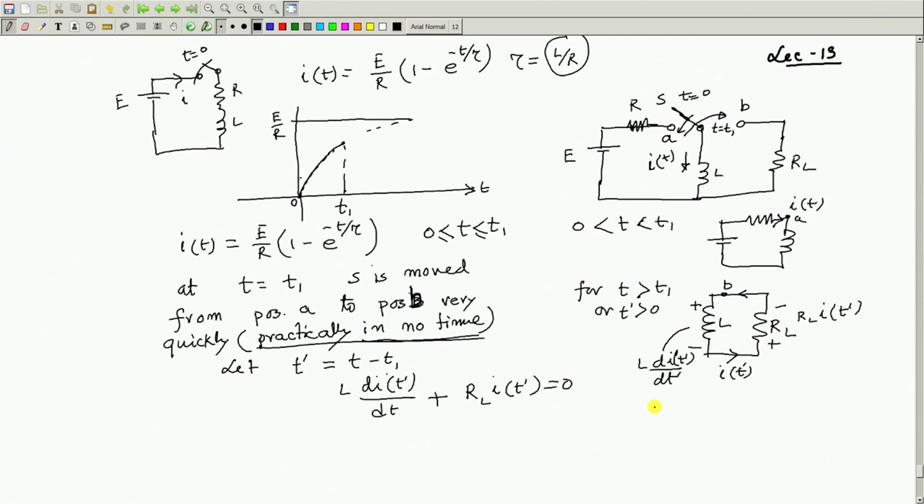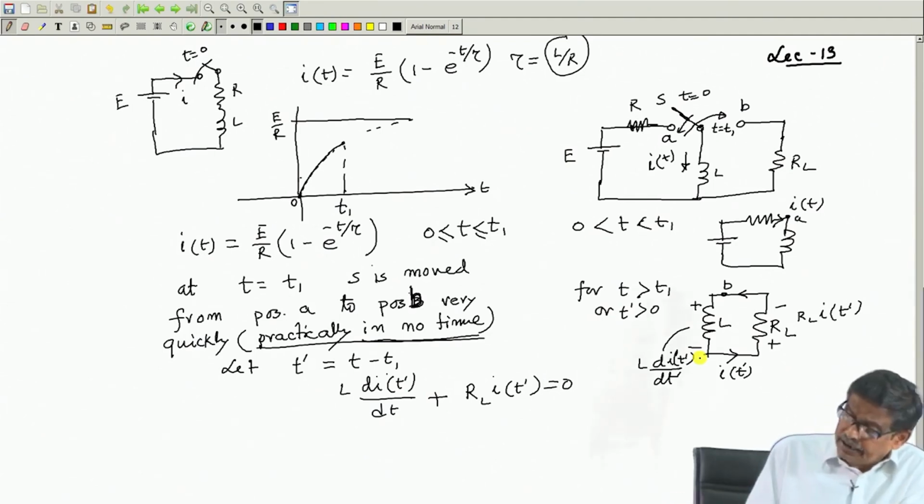The question should not be asked that if no external source is connected, then why should there be current? Yes, current will be there because the inductor had some initial energy stored at t equal to t 1. The inductor, since it is an energy storing device, will store energy and can discharge energy whenever it gets the opportunity to do that.